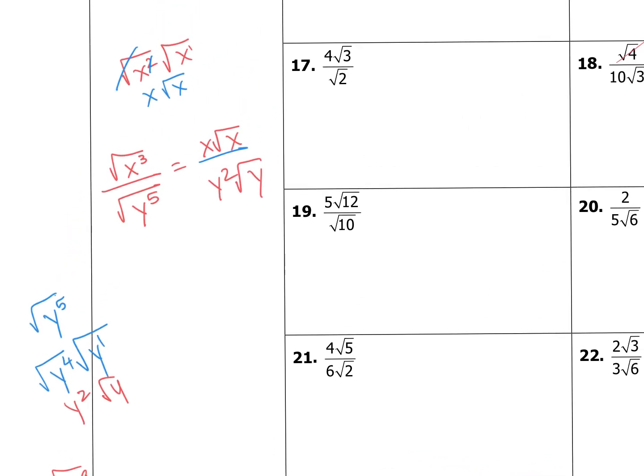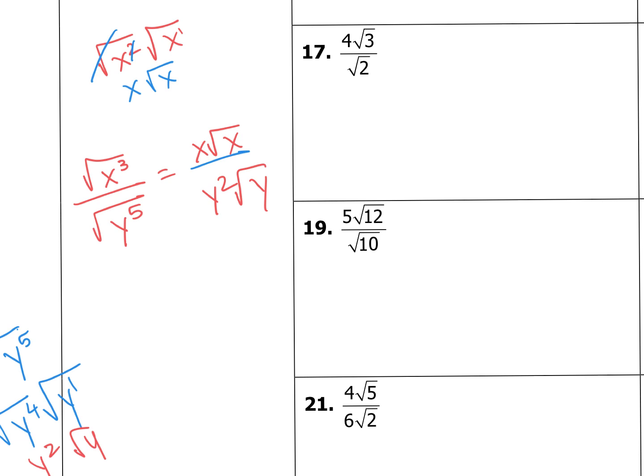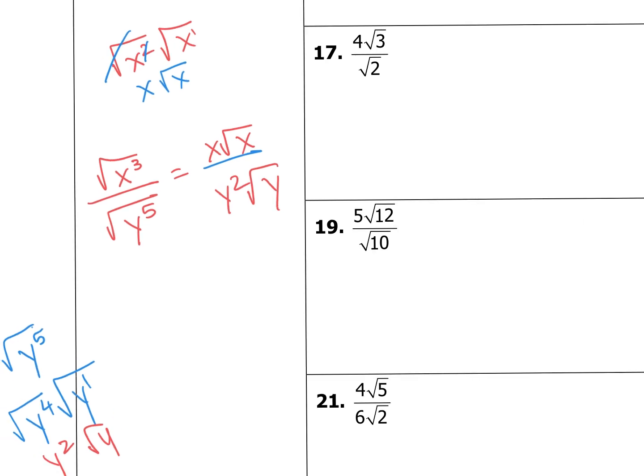All right, lots of people end right here and think you are done because you break it down and you cannot simplify anymore. But you forgot that the denominator cannot have a square root. So we multiply by y, square root of y, to get rid of square root y. So on the top, you're ending up with x square root of xy. Okay, that's all you have.